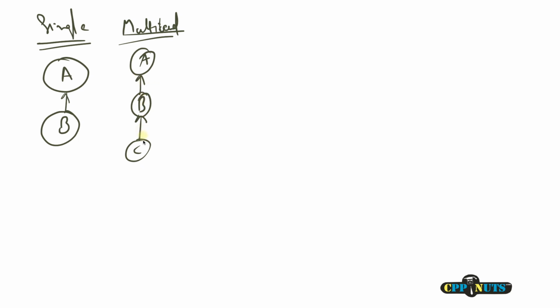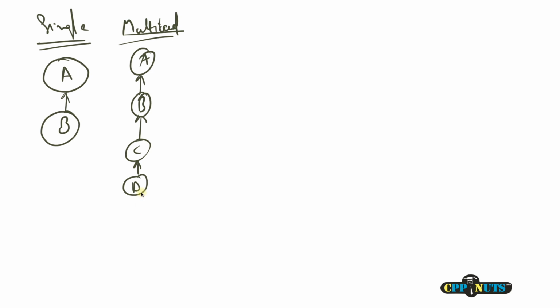So B is inheriting A and C is inheriting B. And you might be thinking, what if I am inheriting this C into D? Yes, then also this is multi-level inheritance. No matter how many levels there are, if they are in this order, they are multi-level inheritance.